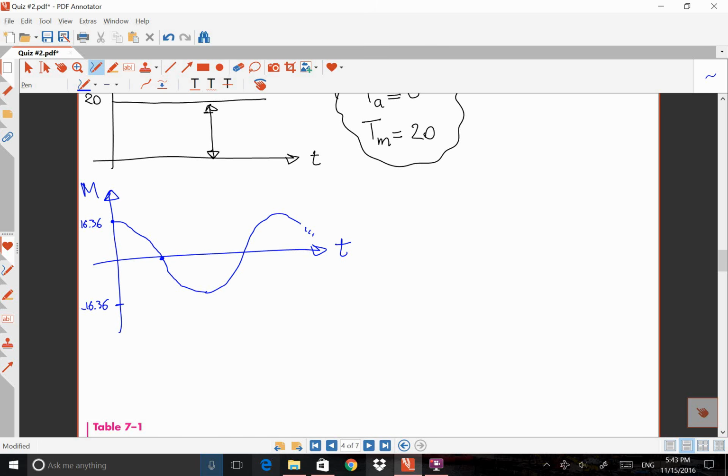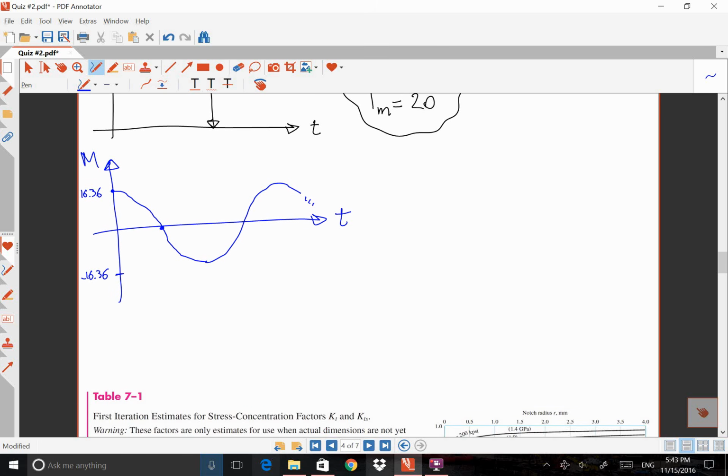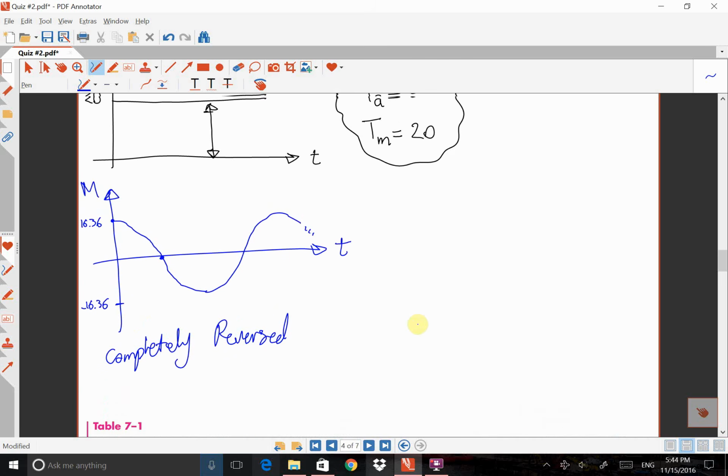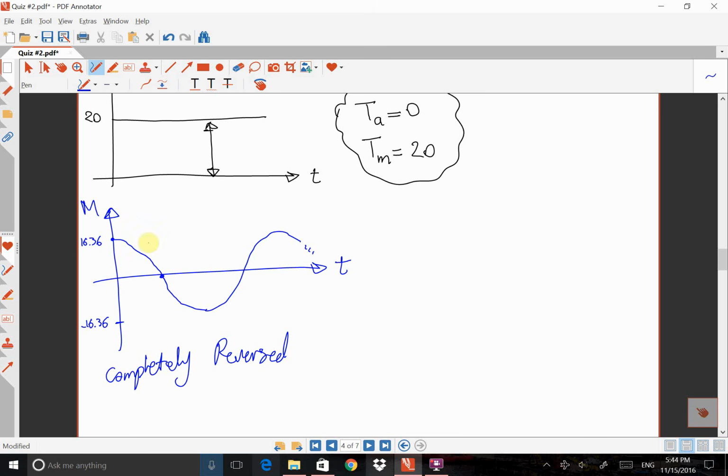And this behavior is called a completely reversed scenario. Okay, so in a completely reversed scenario, this is the amplitude.